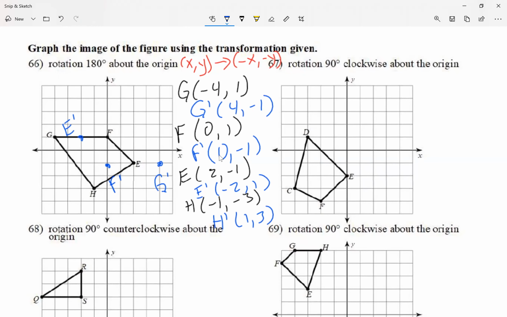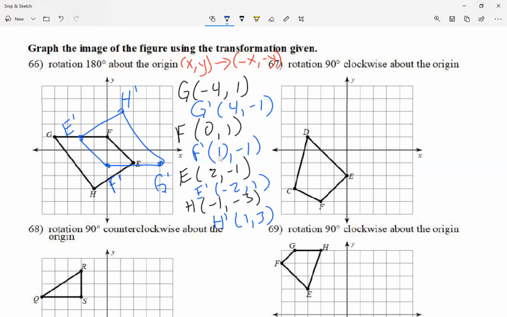And the point 1, 3, that's H prime. If you rotate the black image 180 degrees, yeah, that's basically what you guys are going to get.